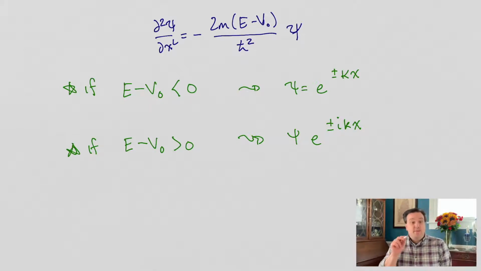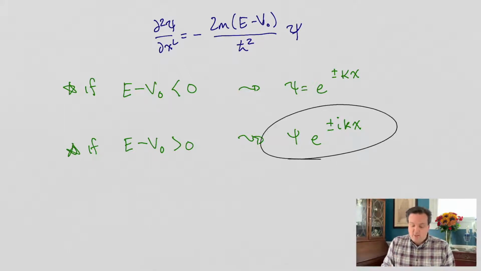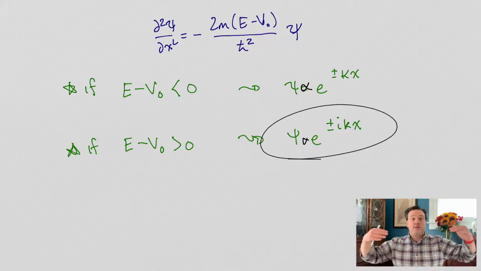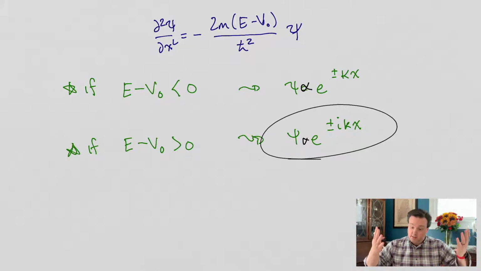If E minus V naught is positive, that is, the energy of the state is greater than the energy of the potential, then I have my complex exponentials, my sines and cosines. I have my wiggles. So if the energy of the state is less than the energy of the potential, it's not going to wiggle. If the energy of the state is greater than the energy of the potential, then it's going to wiggle.